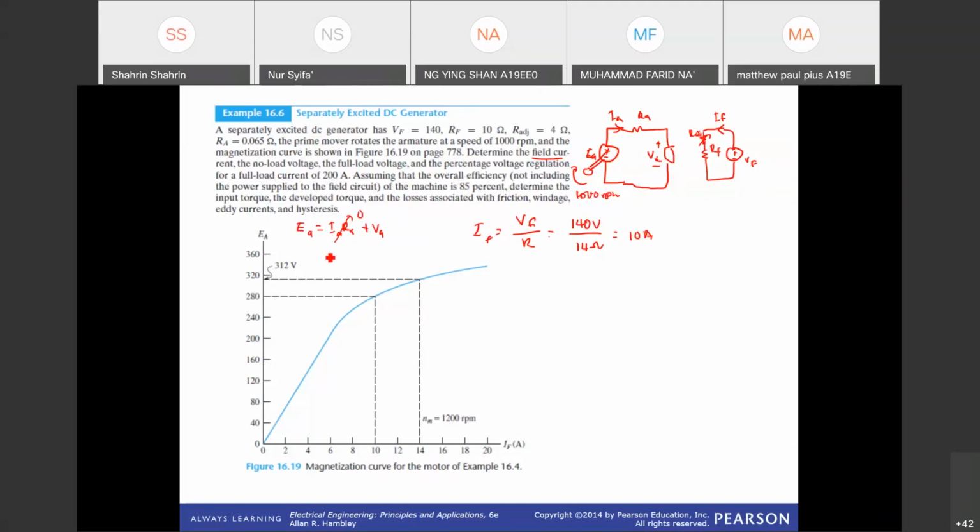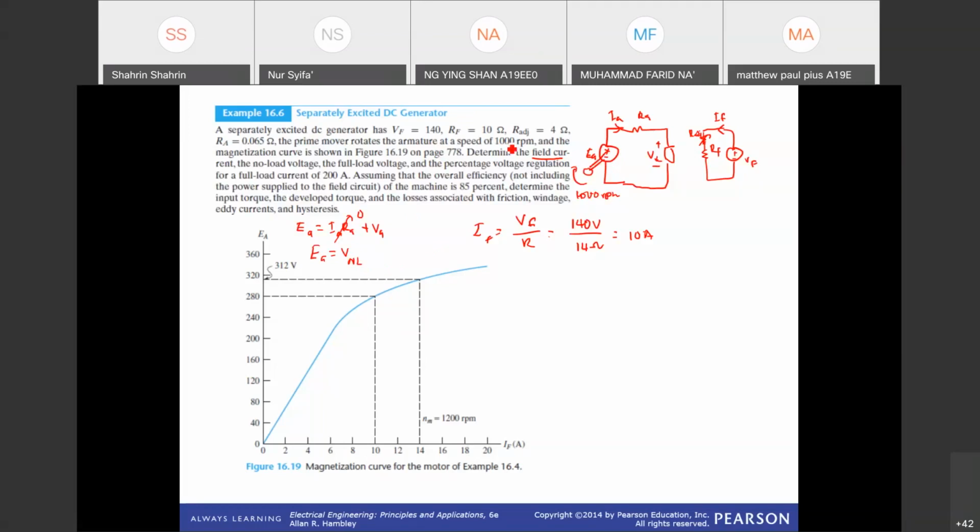So meaning that your EA is actually your V no load, the voltage induced at this one. So how to calculate your EA?